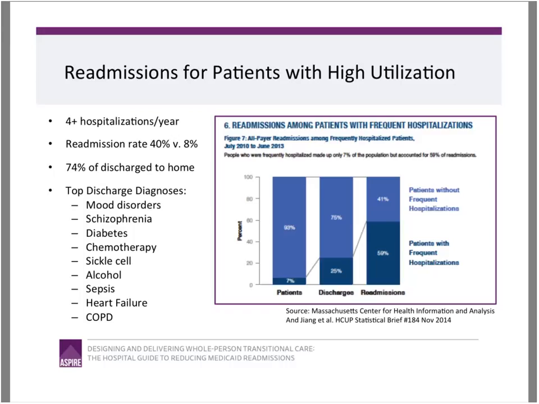And what is really interesting is all high utilizers defined as 4 or more hospitalizations in a year have a 30-day readmission rate of 40%. And anyone who was hospitalized 1, 2, or even 3 times in the year has an aggregated readmission rate of 8%.